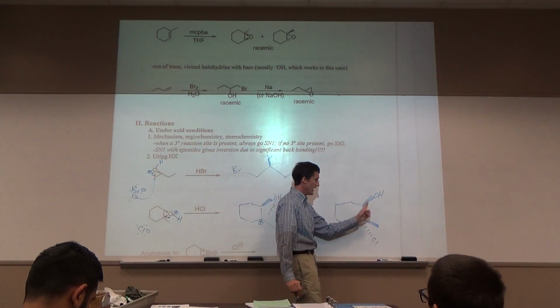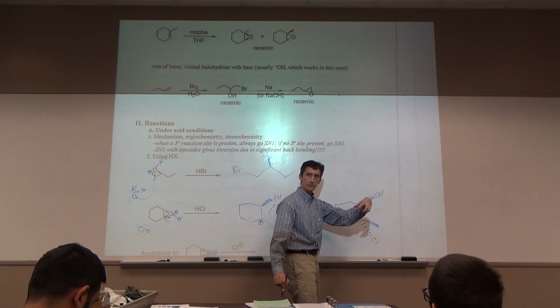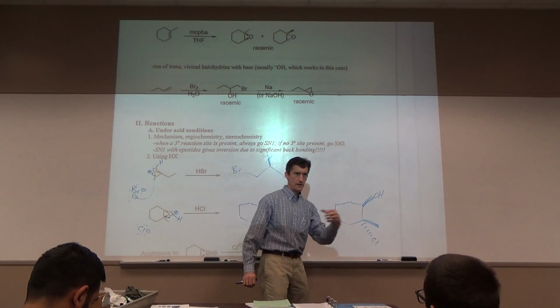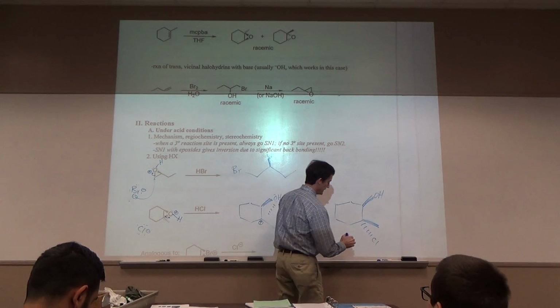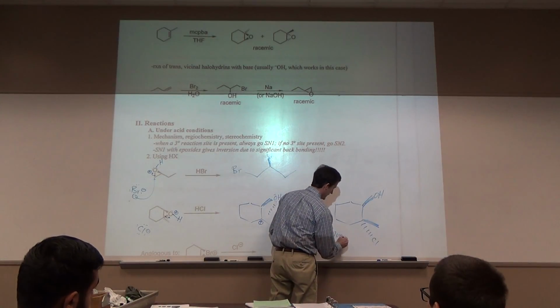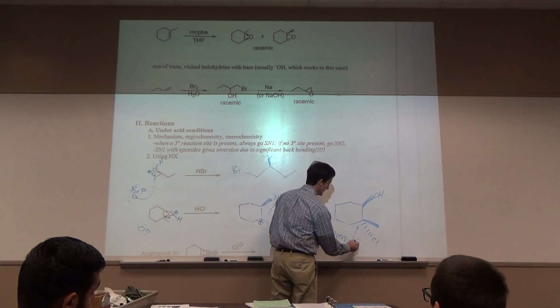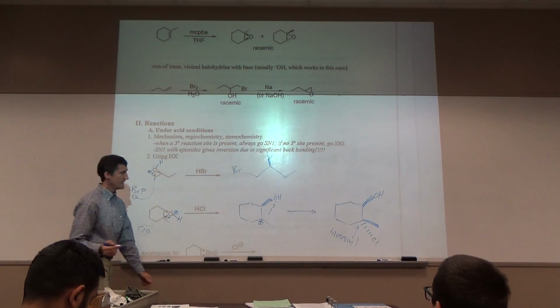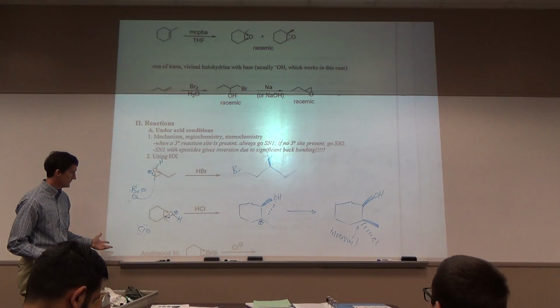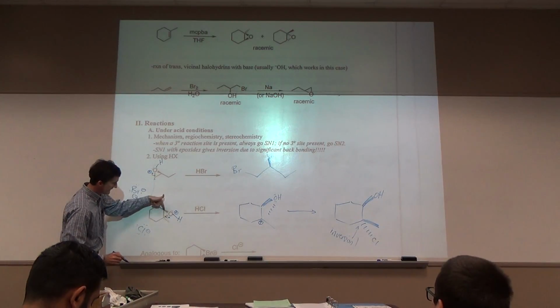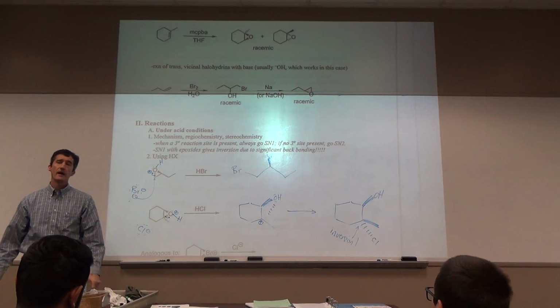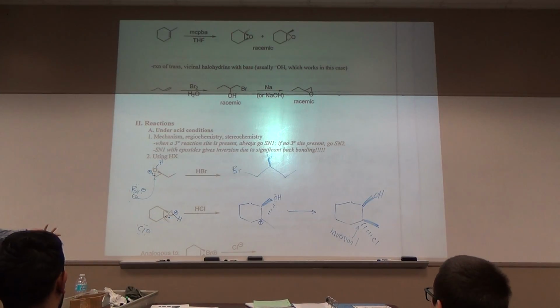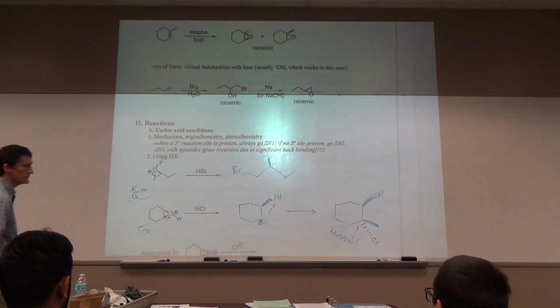The chlorine came in opposite because the OH was interfering with one side, doing some back bonding, some interaction. And ultimately, you end up with inversion, which seems like SN2, but we didn't do SN2. Again, if you had done SN2, you would have attacked up here, and you would have shown a concerted mechanism. They say blended mechanism. It's hard to show precisely. In terms of an outcome, there's your outcome.